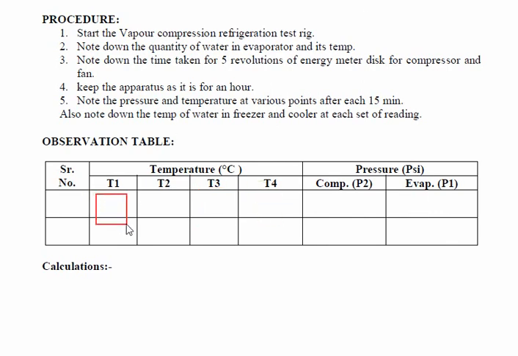Again I repeat, T1 is the evaporator exit temperature, T2 is the temperature after compression of the refrigerant, T3 is the temperature at the exit of the condenser, and T4 is the temperature after throttling, at the inlet of the evaporator.